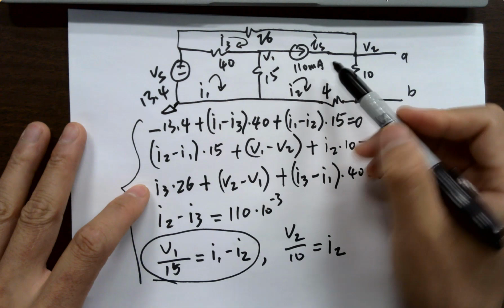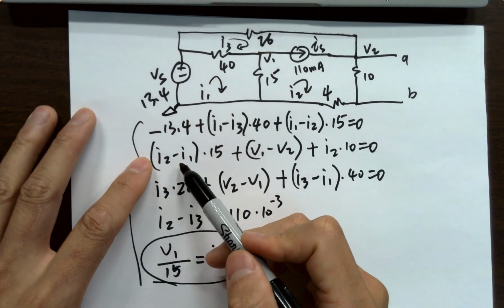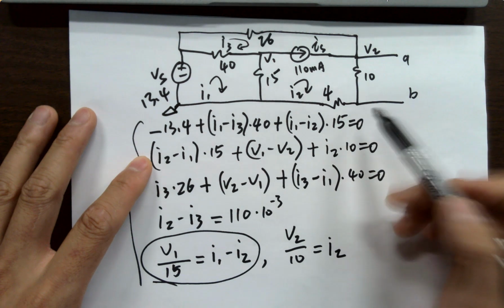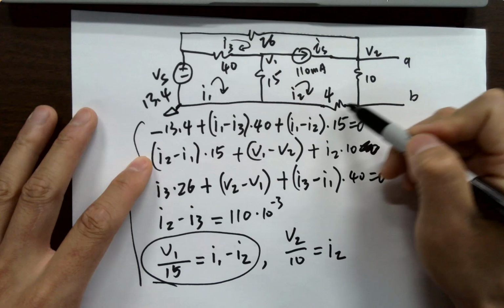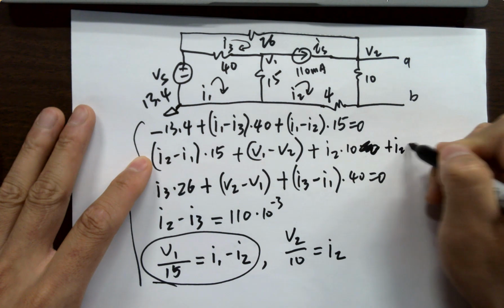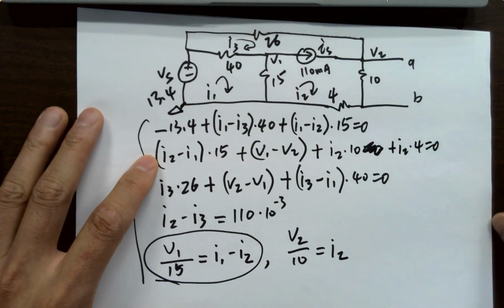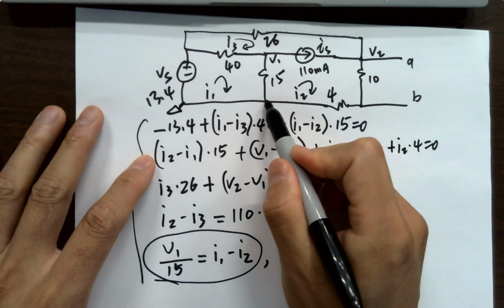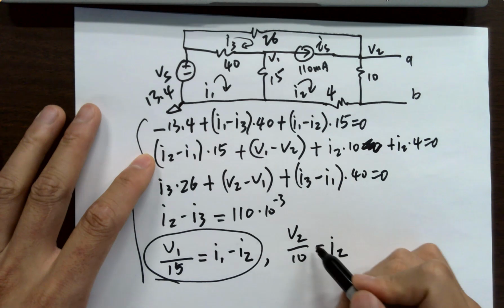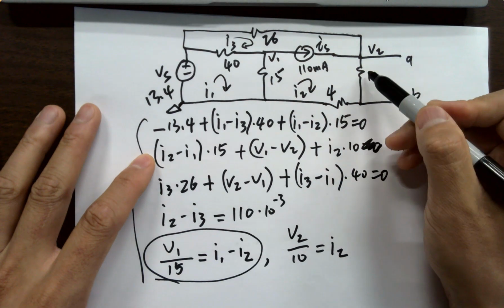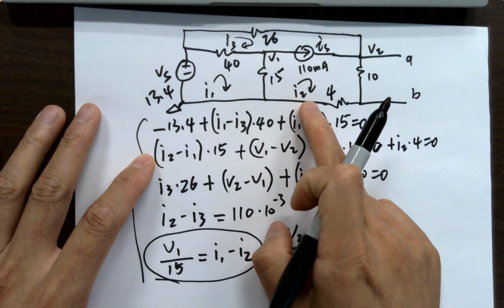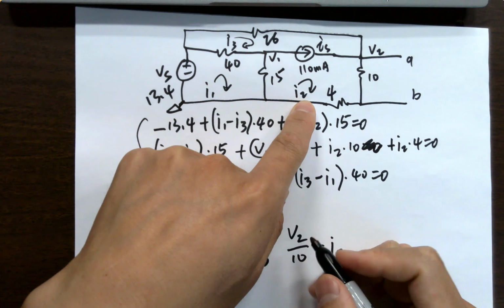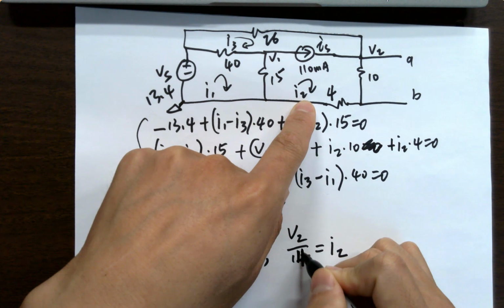So the second mesh, I2 minus I1 plus this, then plus I2 times 4, right? Okay. If this is ground, V2 and ground, the voltage difference will be V2 overall, so it's divided by 14 instead of 10, right?